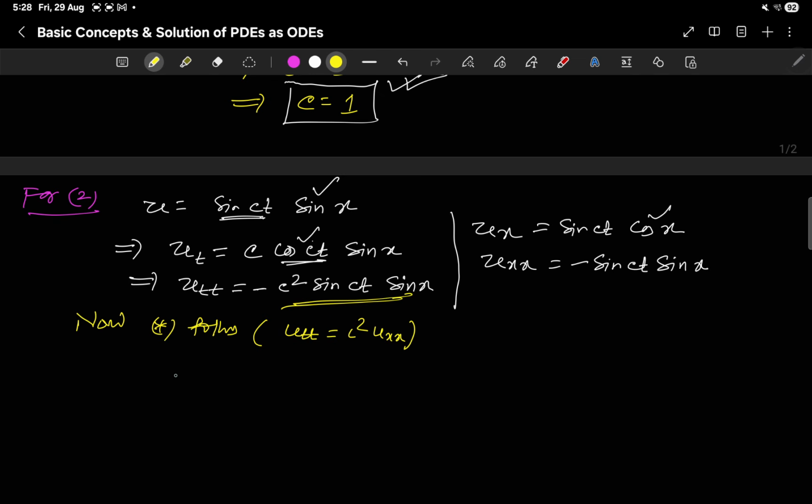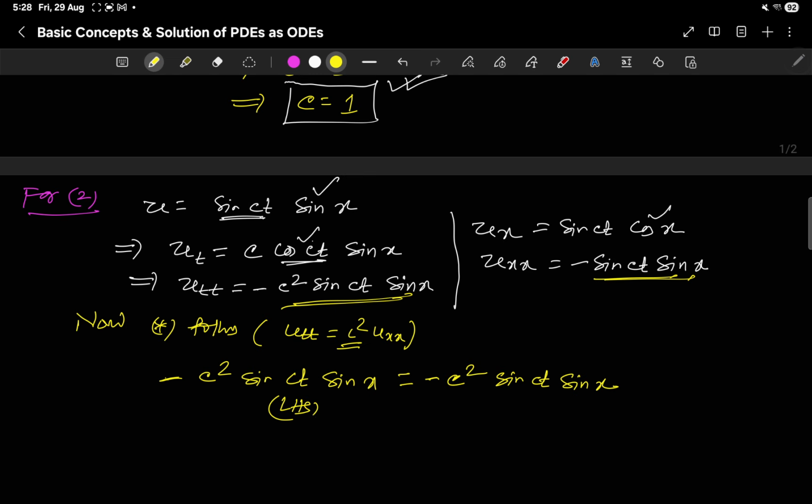You substitute utt: it is minus c square sin ct sin x is equal to c square into uxx. So c square is multiplied here and still a minus sign is there. You see, sin ct sin x. So what happens here? Left hand side is equal to right hand side, is it not?